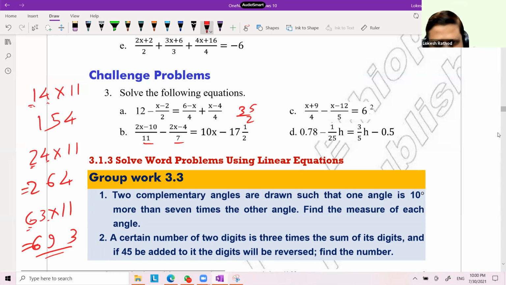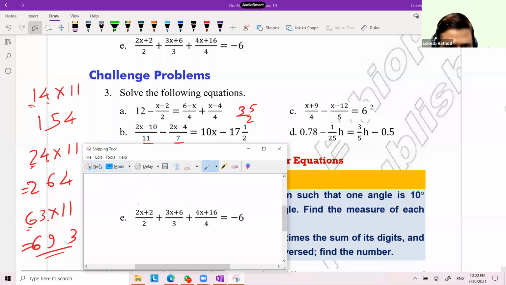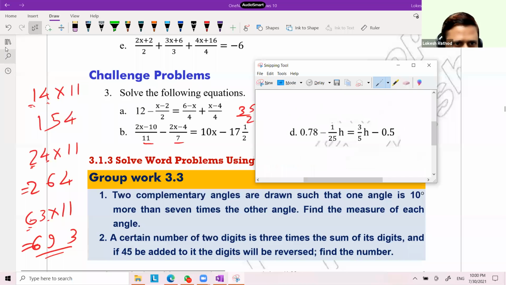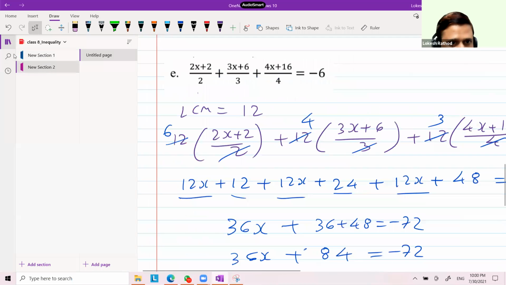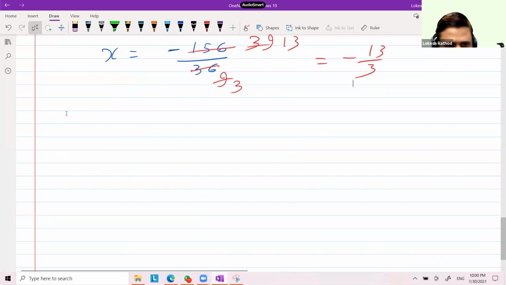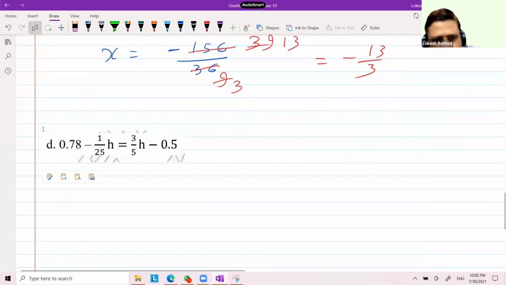When a decimal is involved, okay, say it's a 0.78, 1 over 25, 3 over 5, okay. So, either you convert, let me do this question, a decimal question. Okay. So, here a decimal is involved. What can you do?